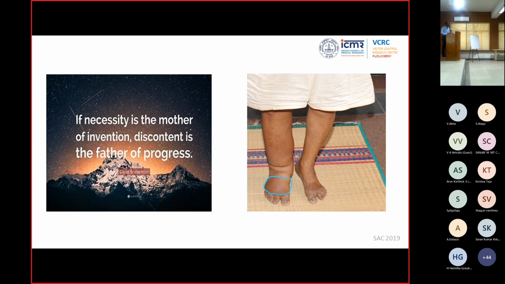This is what he said. That is actually the discontent of the patient. Though I have some kind of relief for swelling, I am not getting the desirable relief for swelling in the foot. This is what is discontent. So that made us think about what we should do on this. Okay, next slide, please.